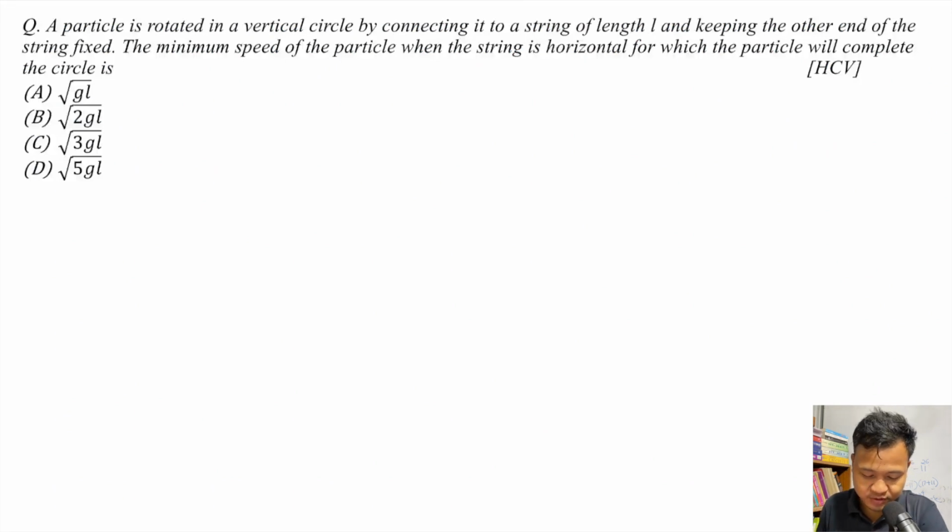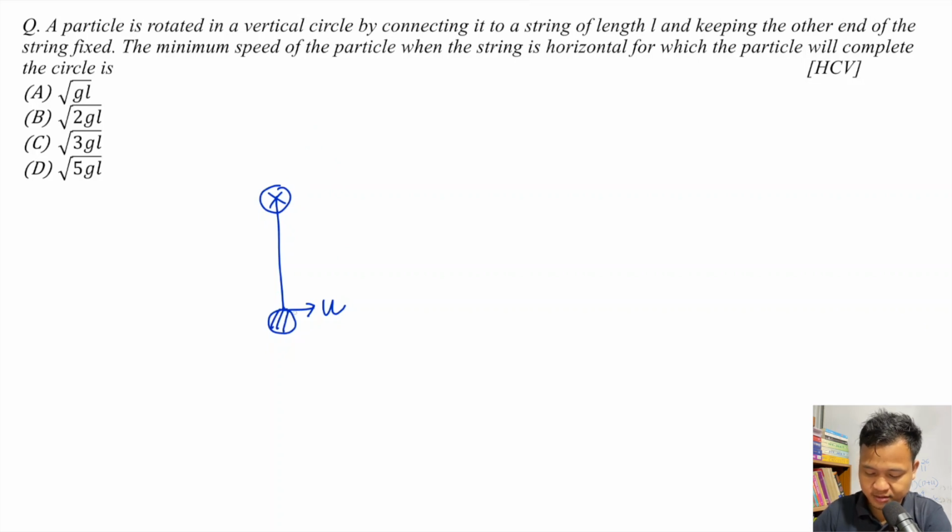Next, a particle is rotated in a vertical circle by connecting a string. What is the minimum speed of the particle when the string is horizontal for which the particle will complete the circle? So I have an object here with u.